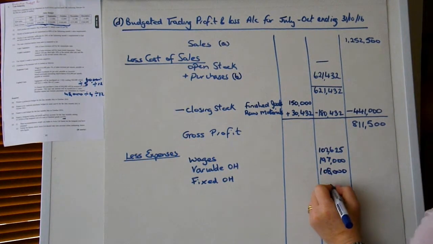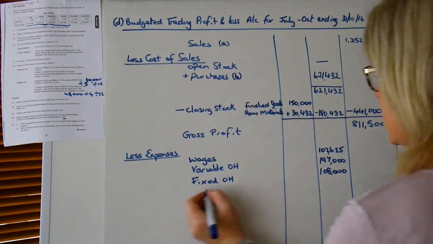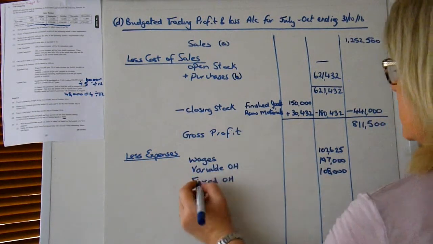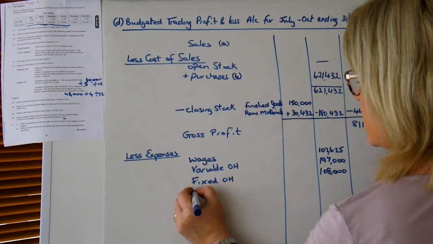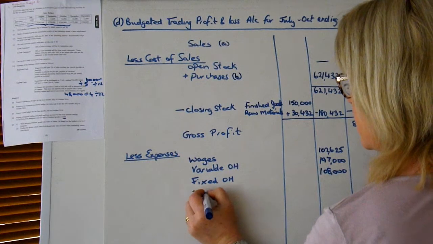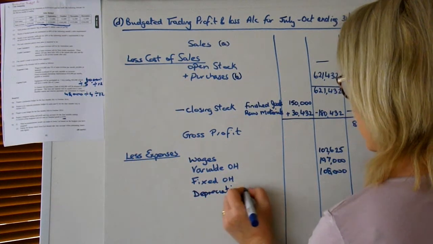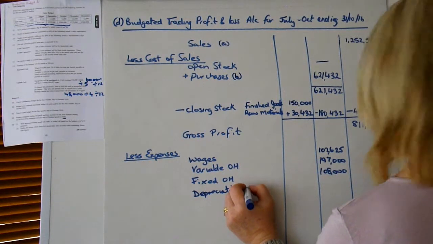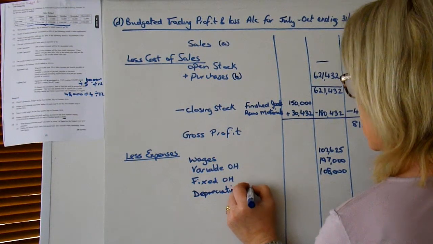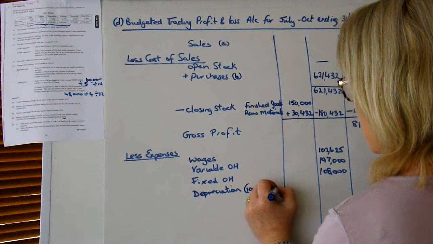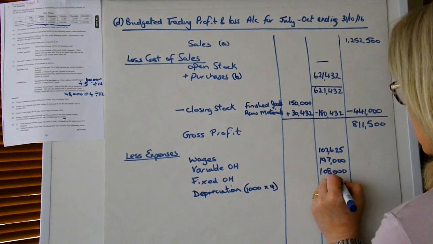So that's 108,000. Now the other items to watch out for, and it's not part of your cash budget, but you must include it here, is of course that depreciation that we calculated earlier at €1,000 per month. So 1,000 by 4 months is 4,000.